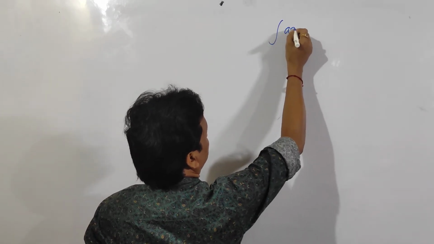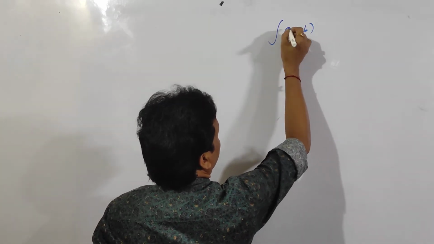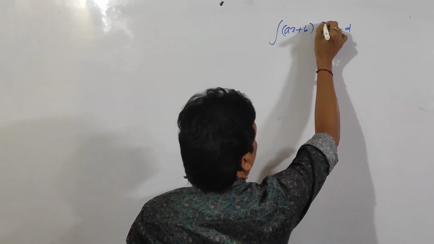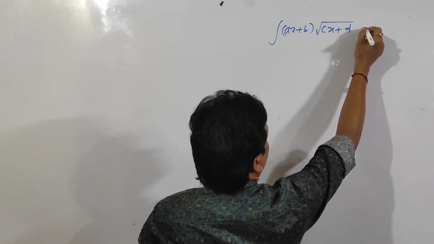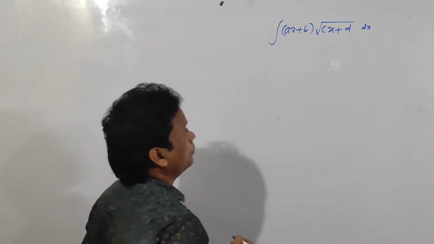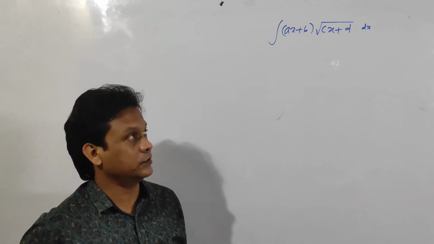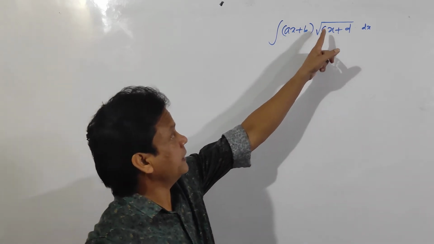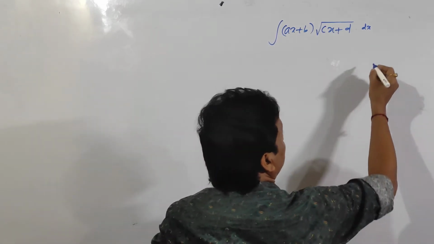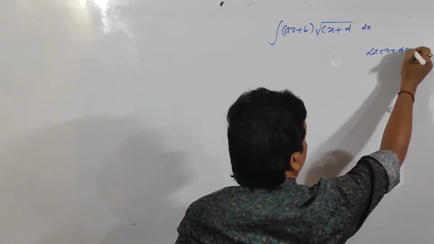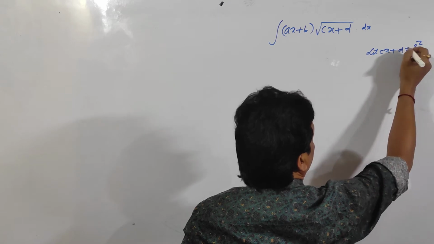Integration of (ax plus b) into square root of (cx plus d). How to solve this type of integration? Since there is a square root of cx plus d, let cx plus d be t square.